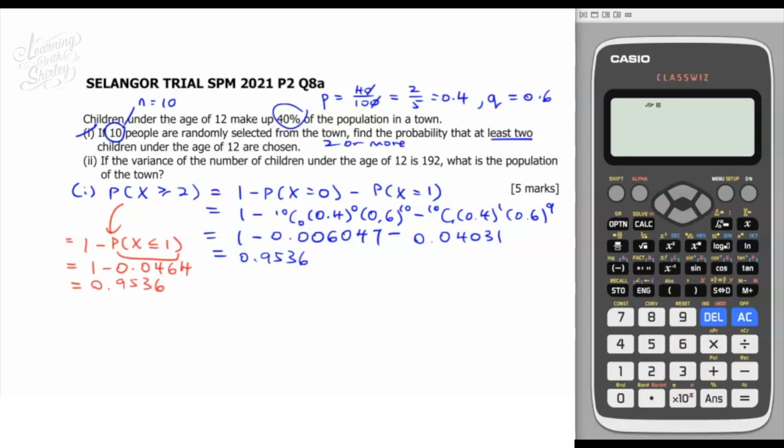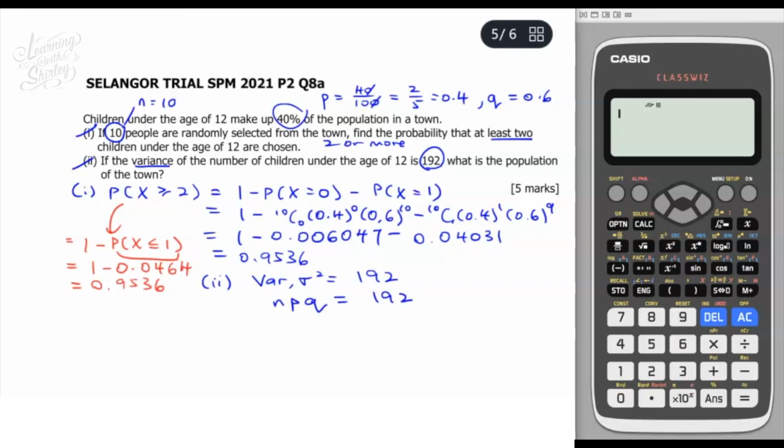Now let's look at question number 2. If the variance of the number of children under the age of 12 is 192, what is the population of the town? For question number 2, the variance is equal to 192. So variance is NPQ, equal to 192.